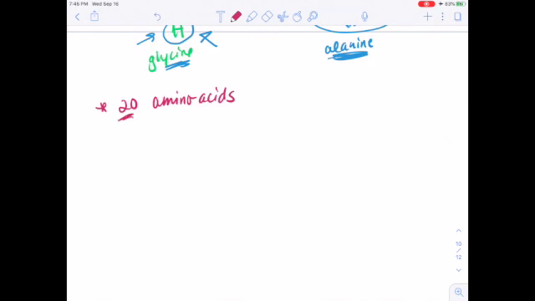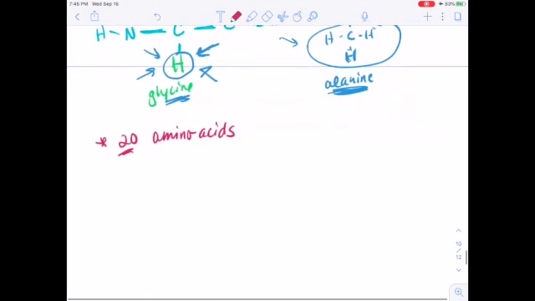So there are only 20 different amino acids, but proteins can be hundreds to hundreds of thousands of amino acids long. So can you see you can have an infinite combination of amino acids? The order and number of amino acids, there are just infinite combinations. And that's the first part of how a protein gets its shape.